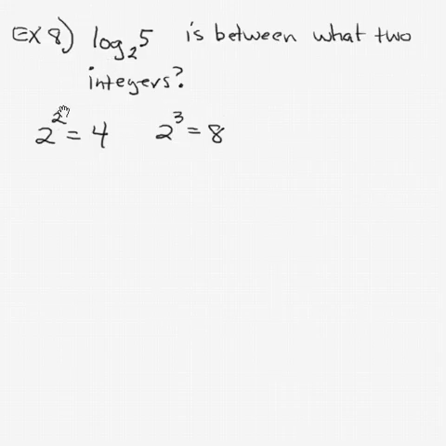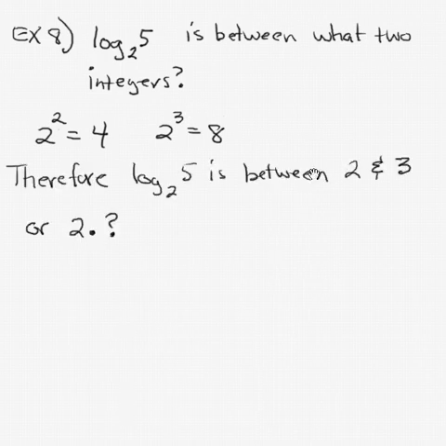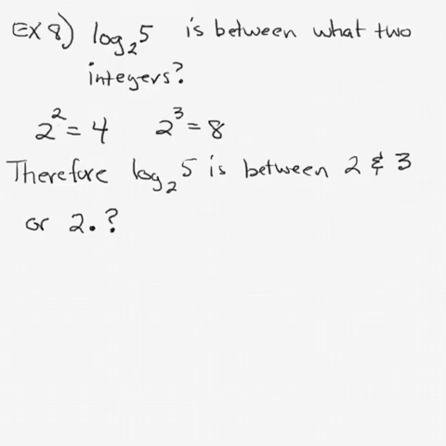Remember, log is looking for exponents, so it's somewhere between 2 and 3. It's 2 point something. What that something is, we don't quite know yet. We're just going to call it 2 point something for now, and leave that till we get to use our calculator a little bit later.